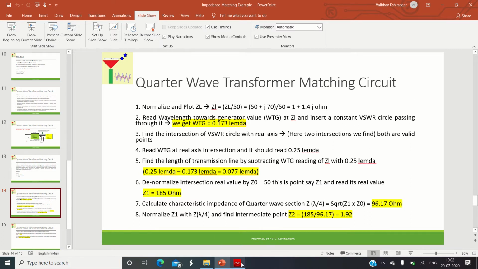So divide 185 by 96.17, and locate the intermediate point indicated by Z2. 185 divided by 96.17 gives around 1.92. Locate this on the real axis.